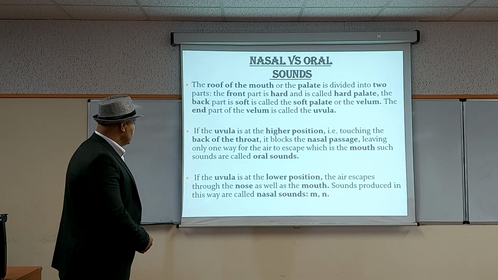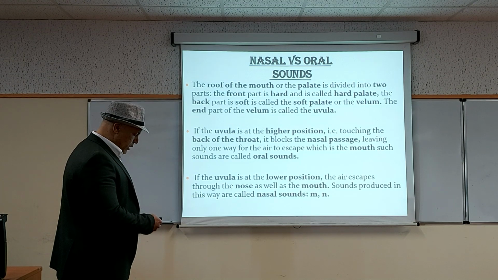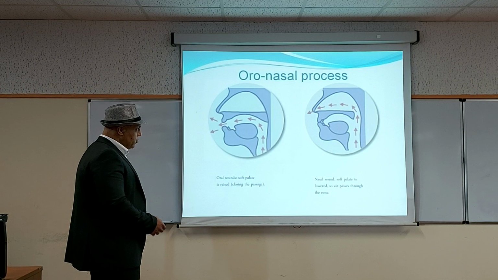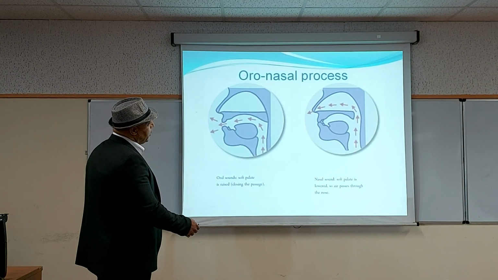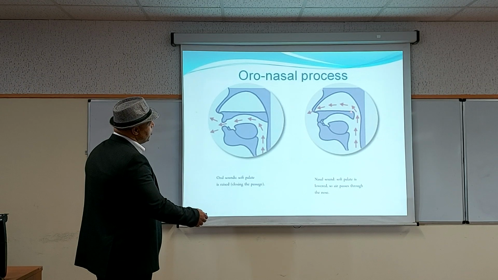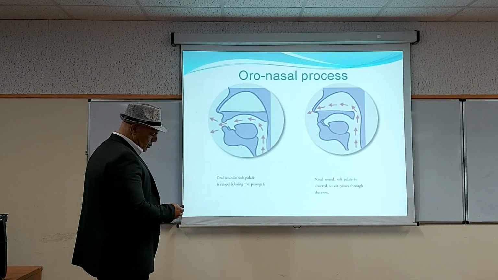Such sounds are called nasal sounds, as we see in the chart here. So the air goes up and finds a way out when the uvula is in the lower position.